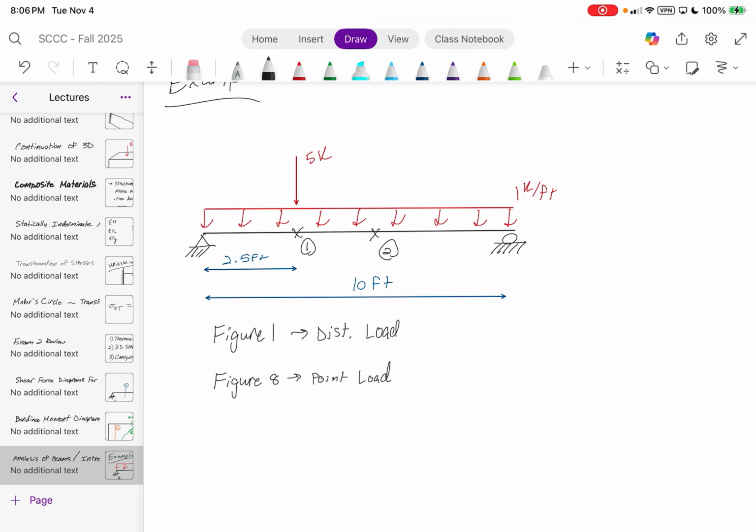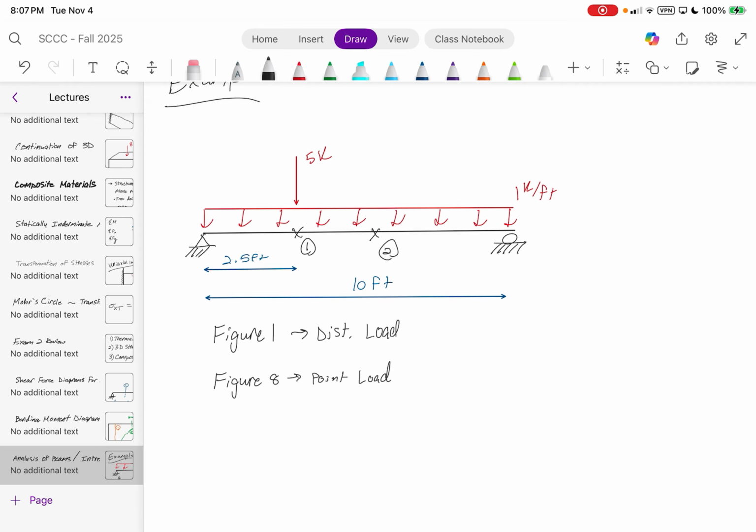Because the maximum bending moments' locations don't align. So you need to check both and compare the two. This is just an easier or faster way of doing the calculations than drawing the shear force and bending moment diagrams, because for the two points we're about to calculate, you would get those same exact values as if you had drawn the diagrams.